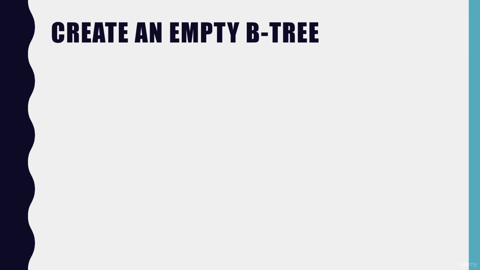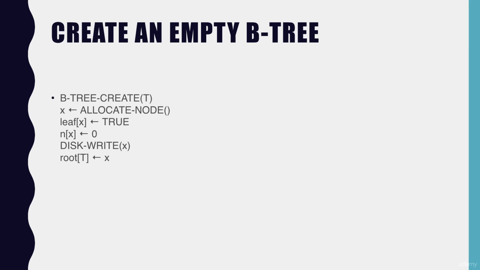Creating an empty B-tree. To build a B-tree T, we first use B-tree create to create an empty node and then call B-tree insert to add new keys. Both of these procedures use an auxiliary procedure, allocate node, which allocates one disk page to be used as a new node in order of one time.